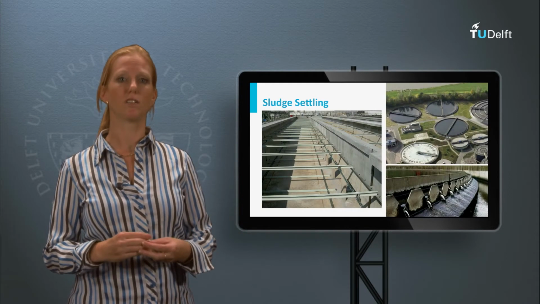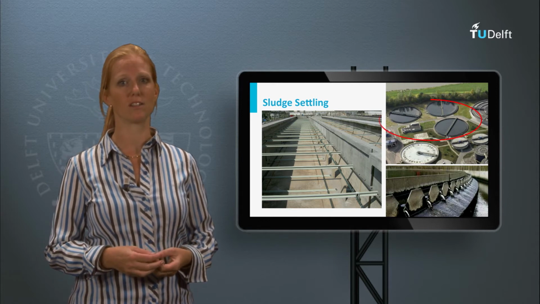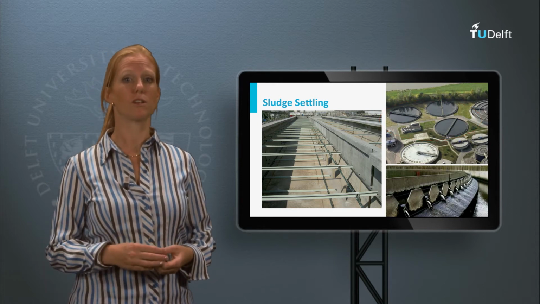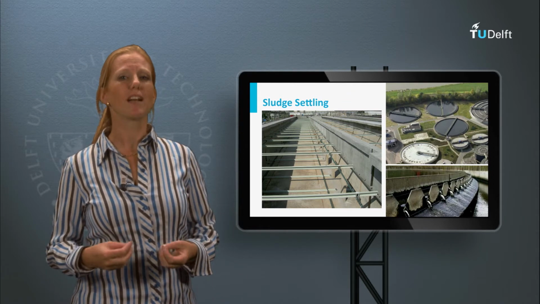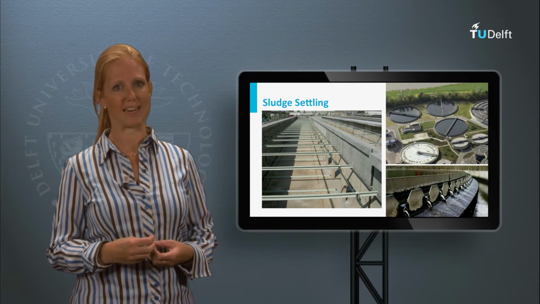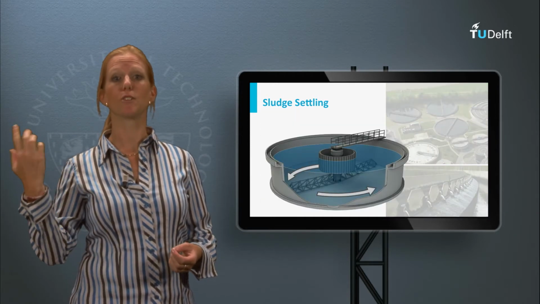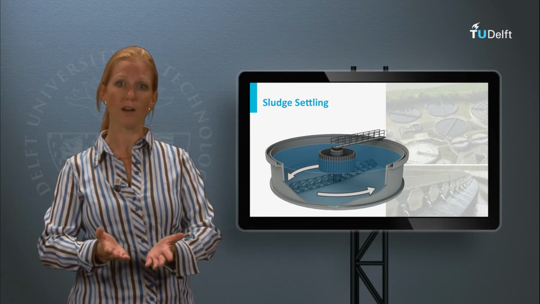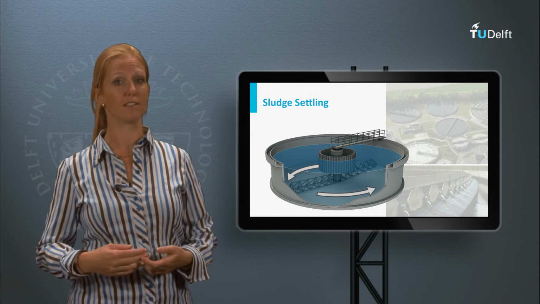In the pictures you see some examples of settling tanks or final clarifiers. These are round ones, but they are also occasionally rectangular, like you typically see for primary settling tanks. The arm that moves around the tank is forcing the settled sludge to the middle and can also remove the floating particles if needed.